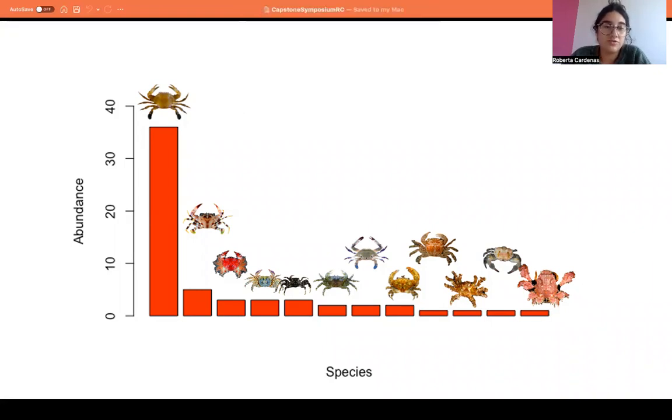So as you can tell, the most abundant species was the hairy swimming crab, shown all the way on the left. And next to it is the red swimming crab, which was the second most abundant crab. And as mentioned, I also found a Hawaiian blood-spotted swimming crab, which is endemic here to the islands.